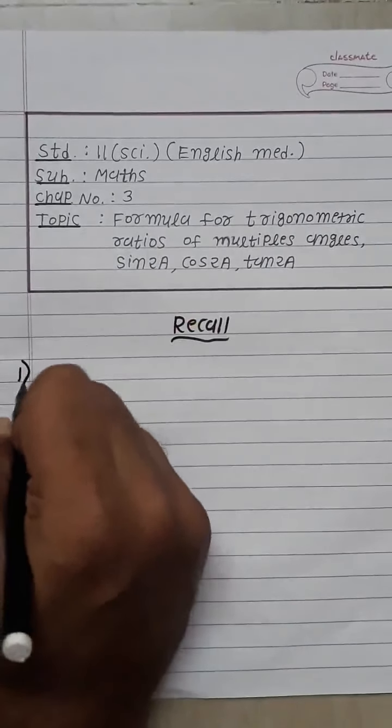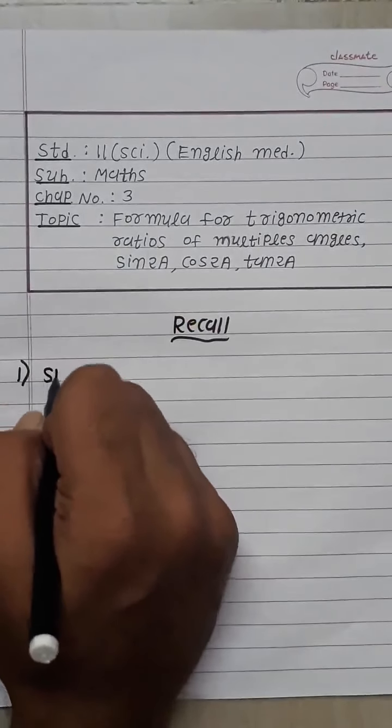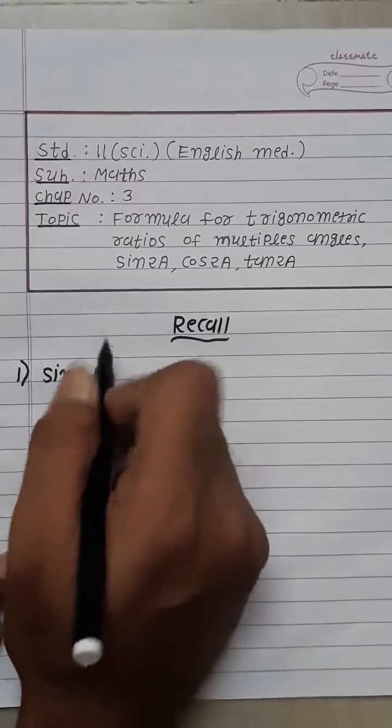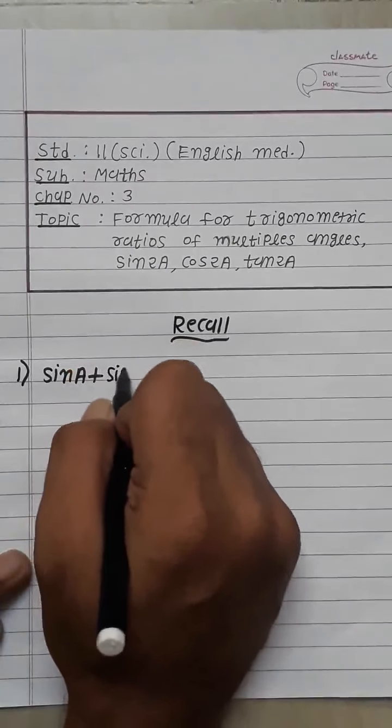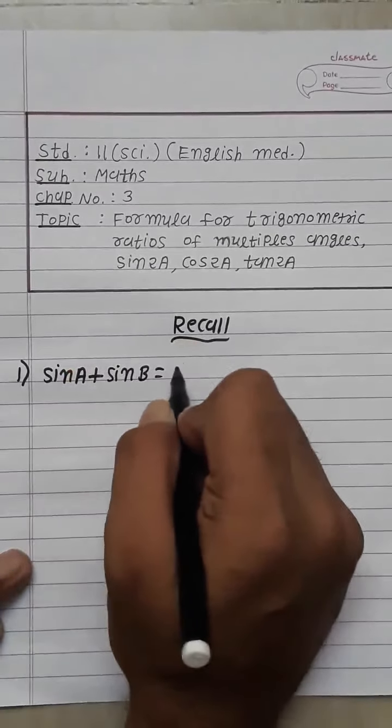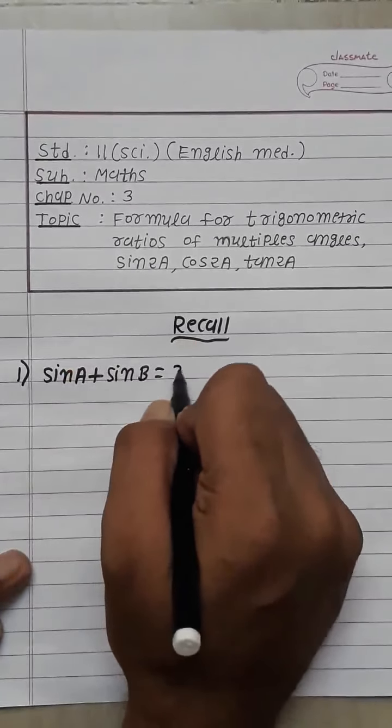So first, sin A plus sin B is equal to 2 times sin of (A plus B divided by 2) into cos of (A minus B divided by 2). Short form: s plus s is equal to 2sc.